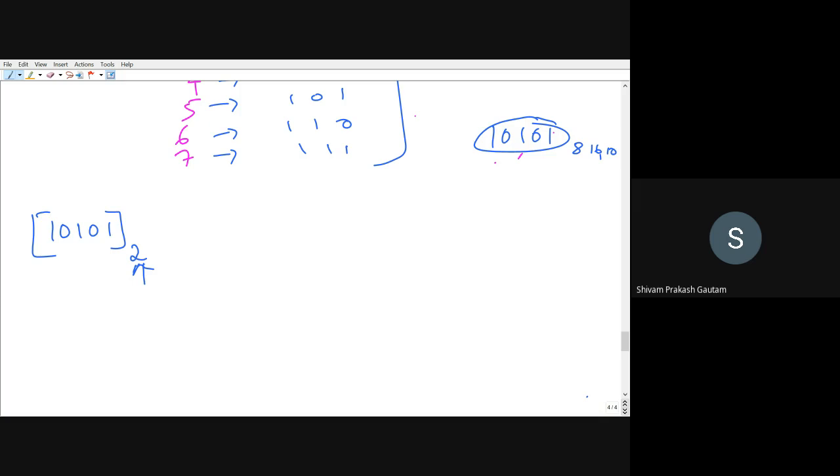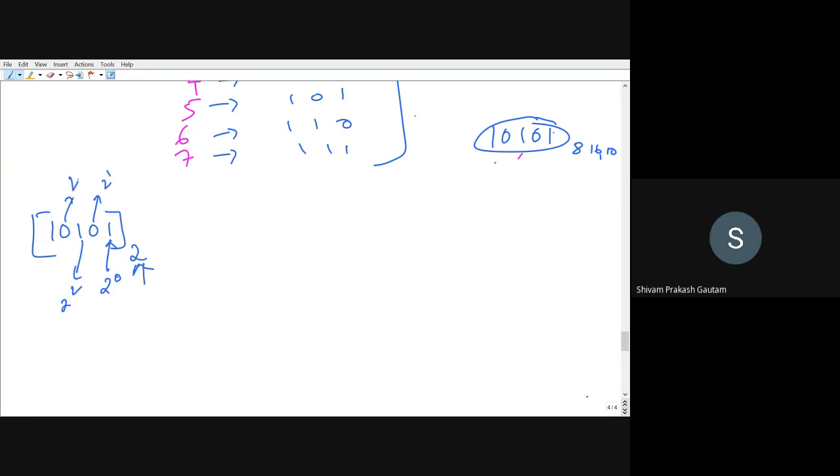Now, if you want to bifurcate this, like we were having 10 to the power 0, 10 to the power 1, because their base was 10, right now we are working in binary, so the base will become 2. Instead of 10, we have 2. So this digit represents 2 to the power 0. This represents 2 to the power 1. This represents 2 to the power 2.